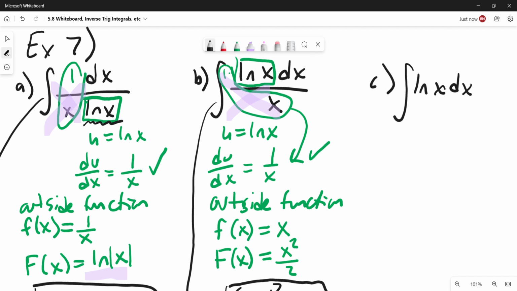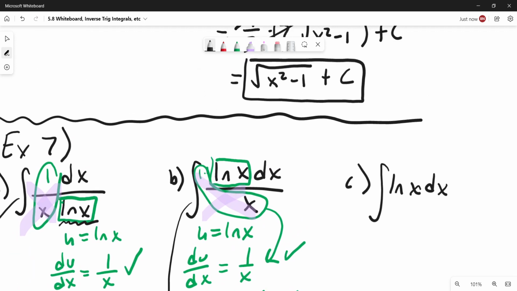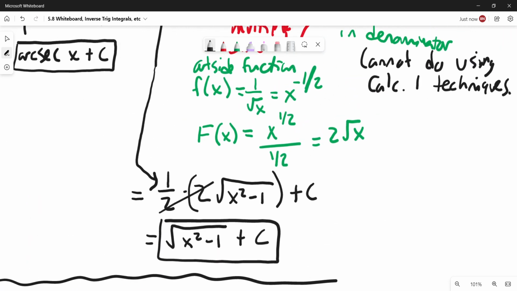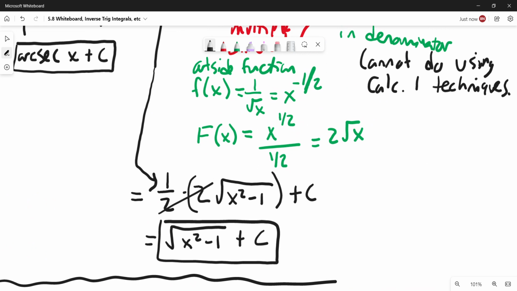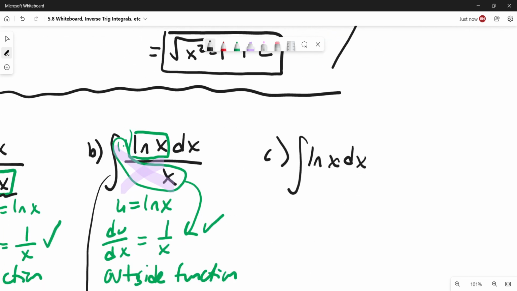But if I put an x in the numerator, then it's just going to be hanging out there. You're not going to be able to substitute it away. So, moral of the story, can't do this. Same thing as this. This is the same as here. Cannot do.